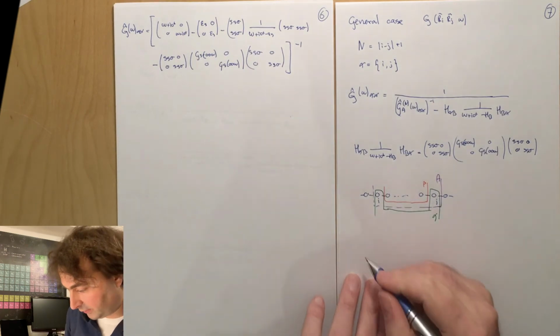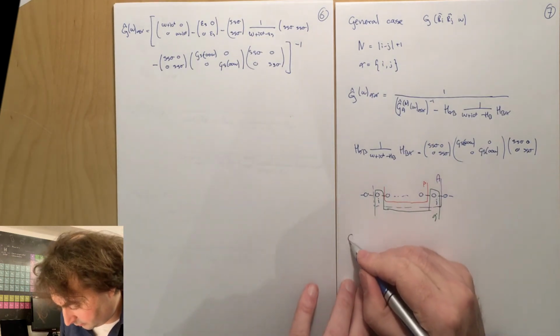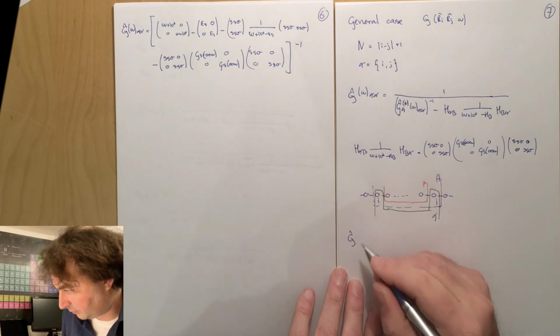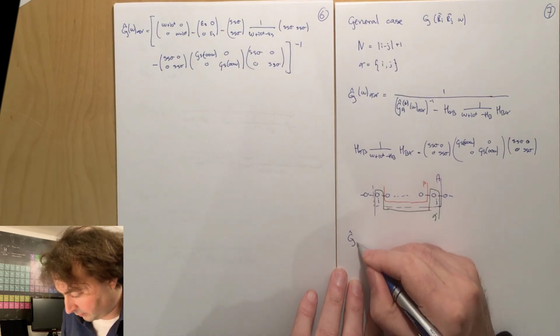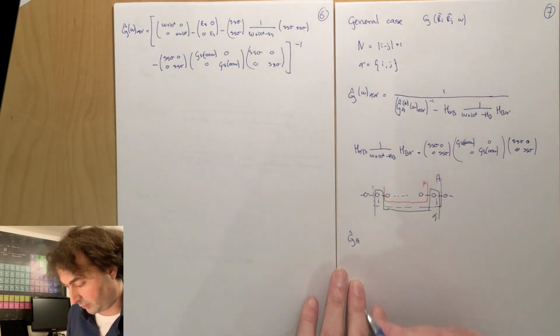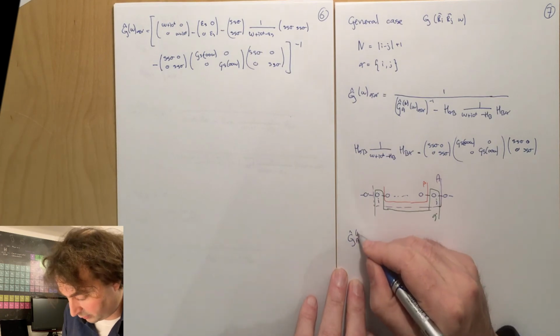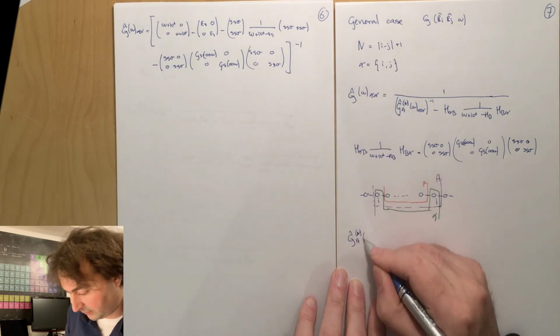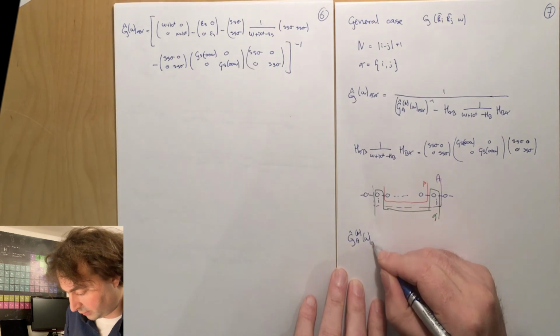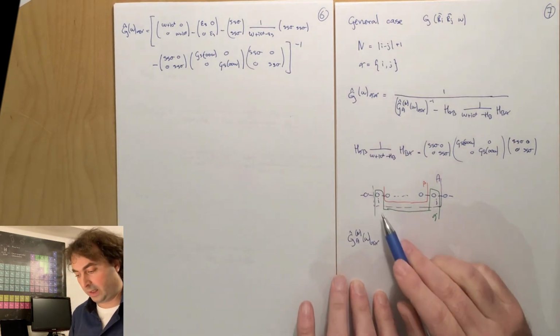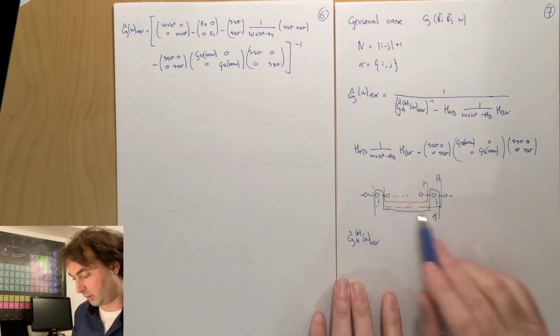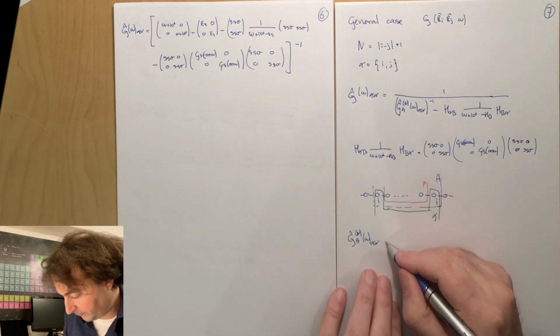And we can now write our Green's operator on subspace A for a chain of length n as a function of frequency, looking at the elements alpha alpha, so i and j, a 2 by 2 matrix.